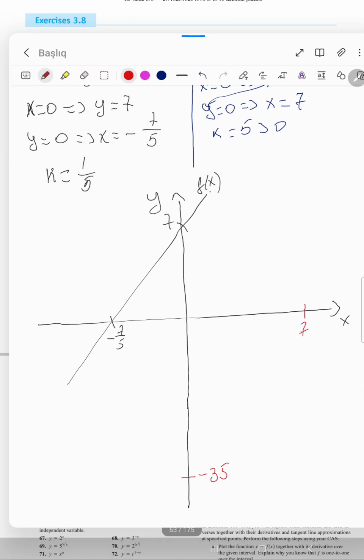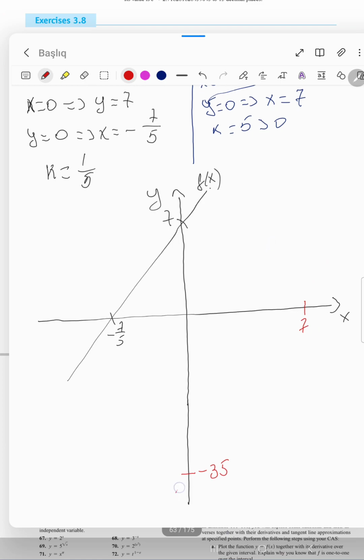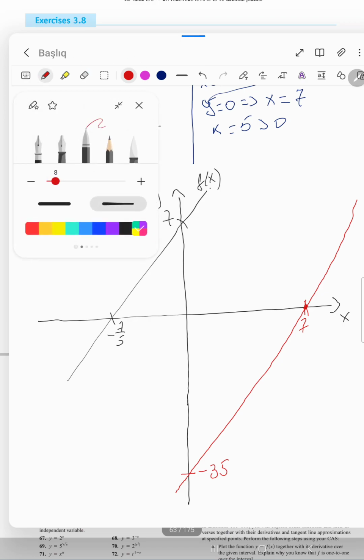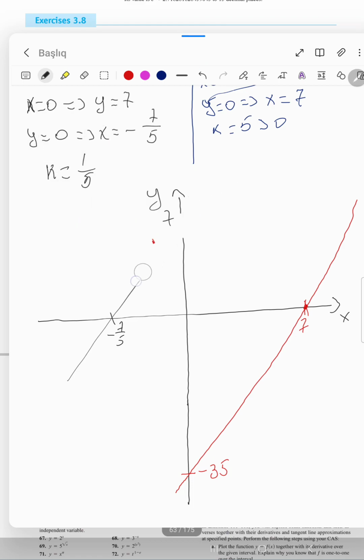Then the function will be something like this. It looks ugly, but if you draw it in GeoGebra, they should intersect. Our function is not drawn correctly by me. I want you to see that intersection point.